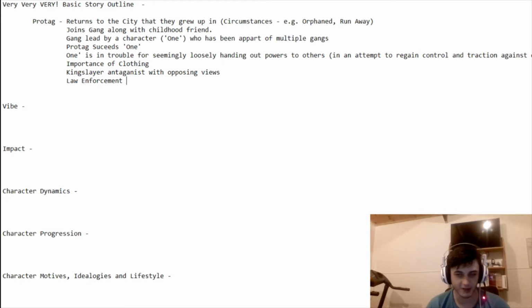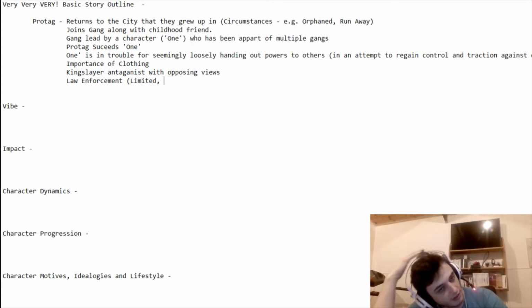But it seems like it could get very chaotic. But maybe that is a lot of what the racketeering is. I'm thinking about law enforcement. It's very limited. So maybe the mafia and the underworld dictate how things are run.